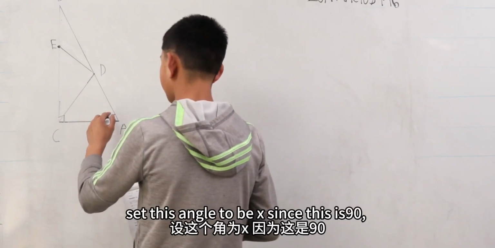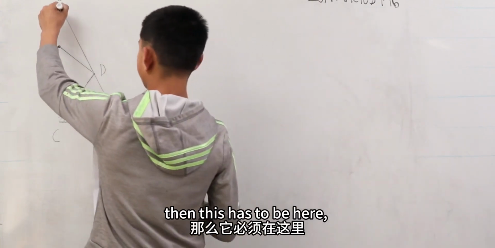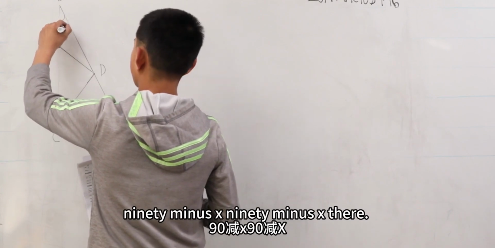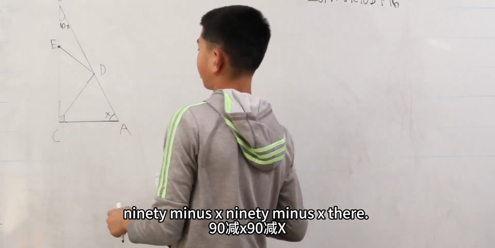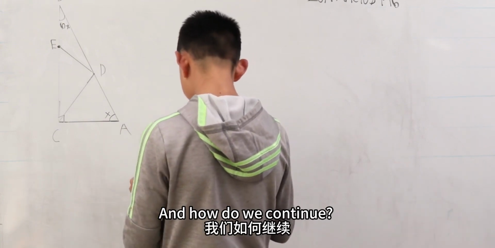So set this angle to be X. Since this is 90, then this has to be 90 minus X. 90 minus X there. And, well, how do we continue?